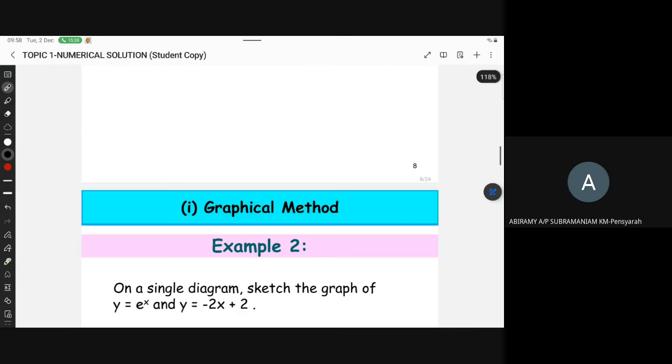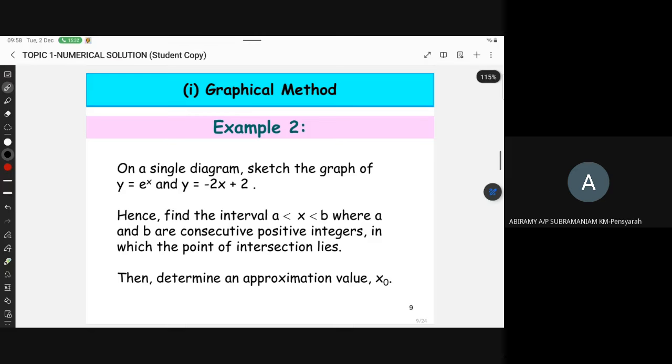Now let's look at example 2. So in example 2, we are already focusing on the graphical method. So on a single diagram, sketch the graph y equals e to the power x and y equals negative 2x plus 2. So we are going to sketch two graphs on a single diagram.